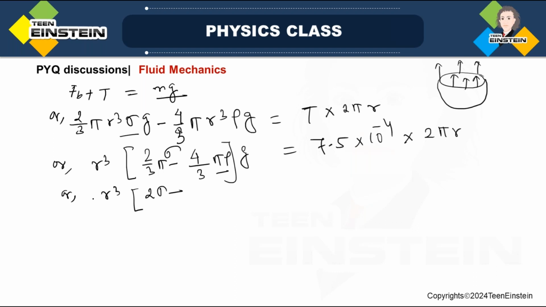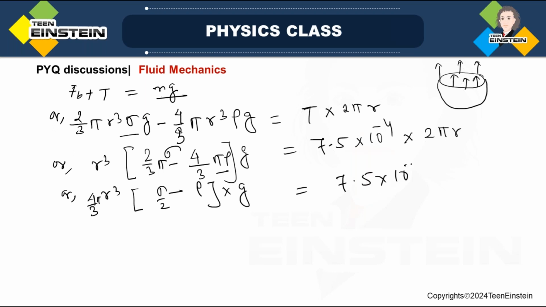If I take this, let me take 4 pi by 3 common. Then what I get, so I have to multiply divide. Okay, so this will be sigma by 2 and this is rho into g over here.